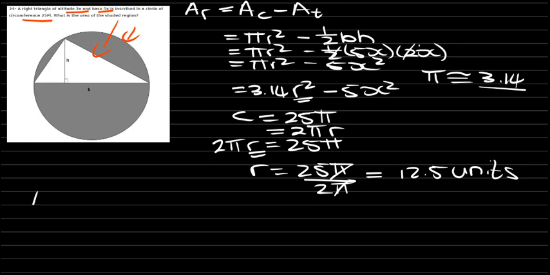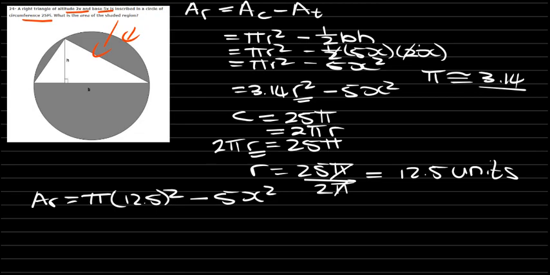So our shaded area equation looks as follows. It is pi times 12.5 squared minus half of the base times the perpendicular height, which we've worked out, minus 5x squared.